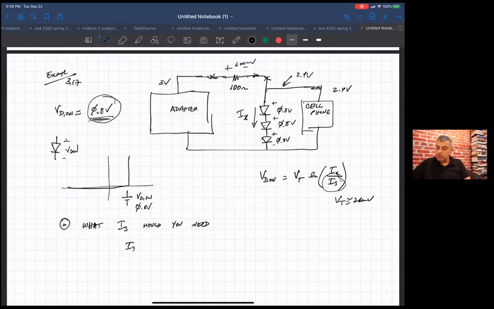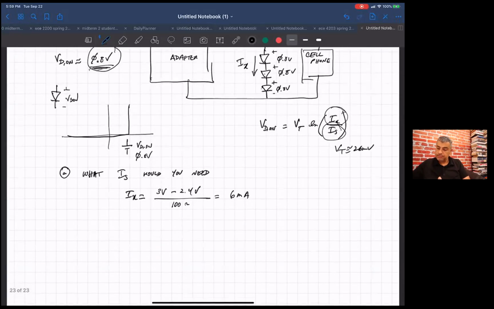First thing I want to do is calculate I sub X. I need to get this in the numerator of the natural log. So I sub X is just equal to 3 volts minus 2.4 volts over the 100 ohm resistor, so that ends up being 6 milliamps. Okay, for I sub S.